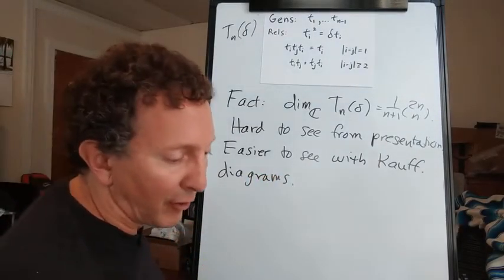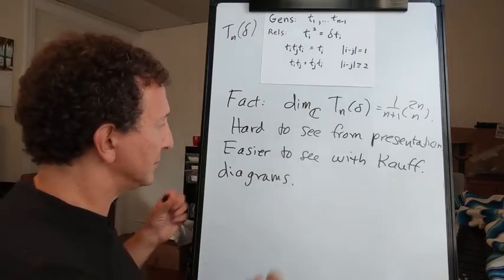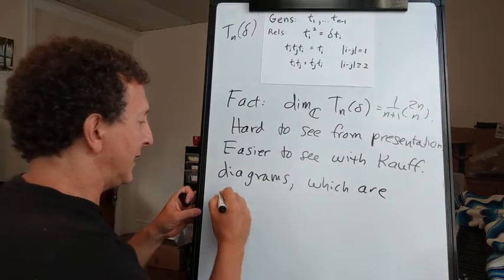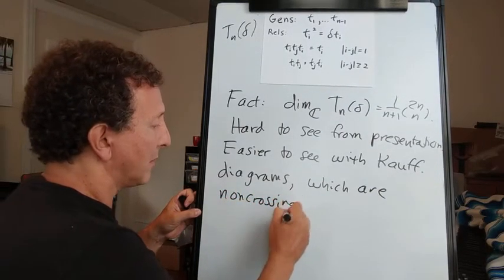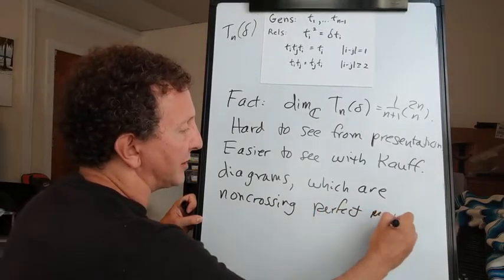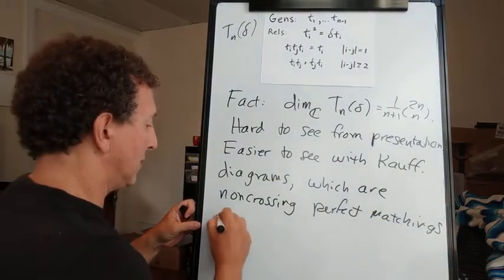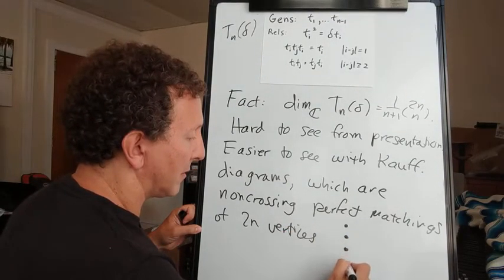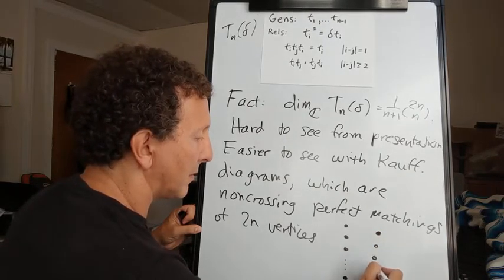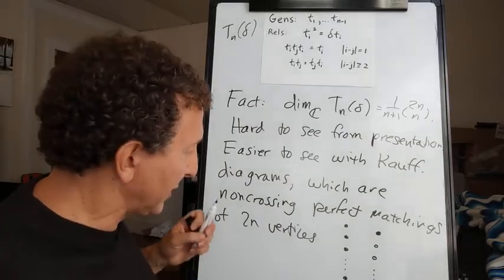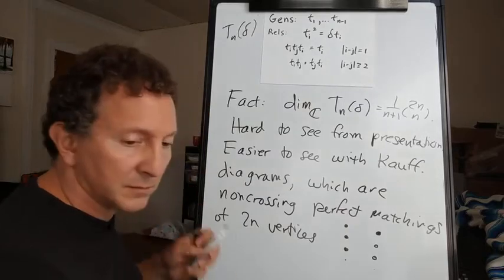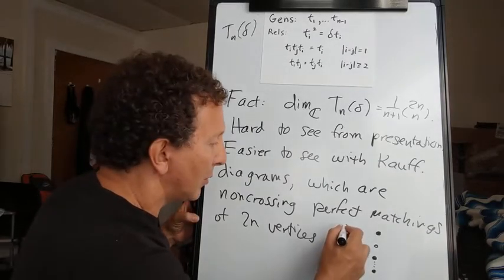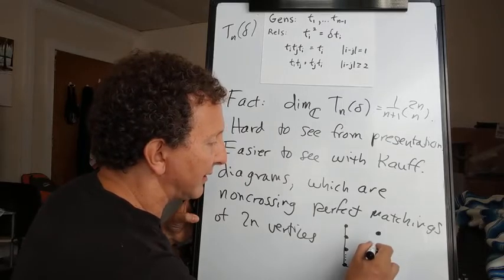So if we glue together the Kauffman generators in all possible ways, we get non-crossing perfect matchings of 2n vertices, where all of the edges connecting these stay in the box.